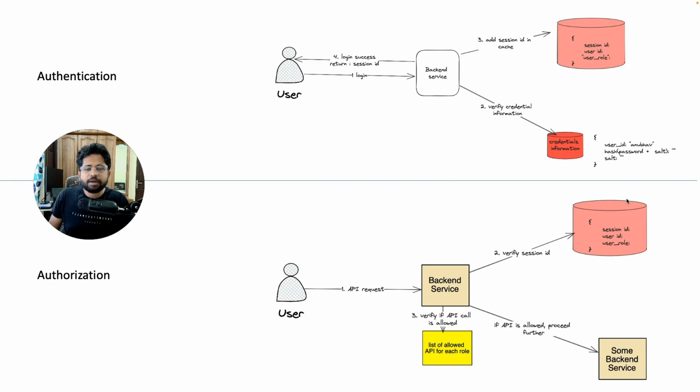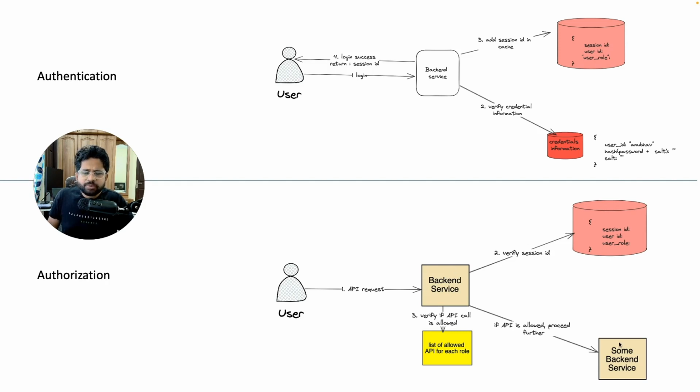So this external call is an overhead for you. Whenever a request comes, you have to make the external call to verify whether this particular credential or session ID is correct or not, and then you decide whether to proceed further or not. This one external call is necessary here, because your backend service cannot store everything.